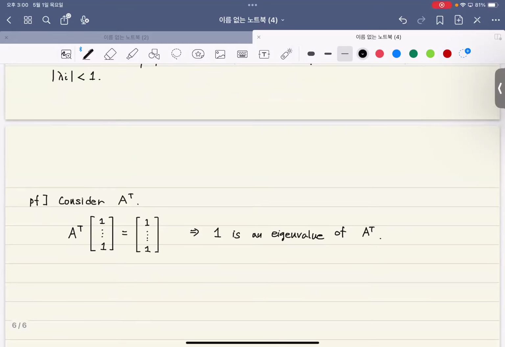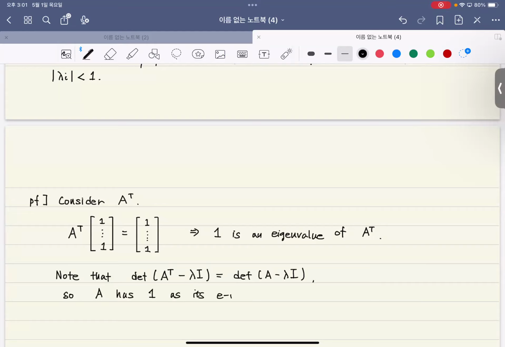But you know that the determinant is invariant under transpose. Therefore, if A transpose has eigenvalue 1, then A also must have eigenvalue 1, since the characteristic polynomial of A transpose is the same as the characteristic polynomial of A. So A has 1 as its eigenvalue.